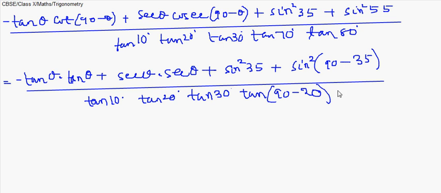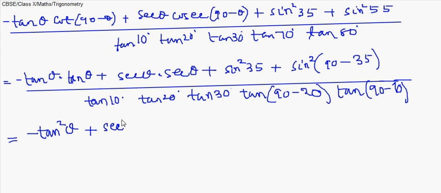Similarly, I can express this as tan(90 - 10), because that's then going to cancel certain values. Okay, now tan theta times tan theta, but there is a minus, so it is minus tan square theta. Similarly here it will be sec square theta. And now here I'm getting sin square 35 as well, because I applied the complementary angle there. I'm getting a cos square 35 as well.